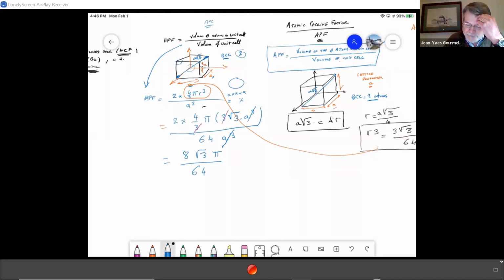All right, so 8 times 8 is 64. So it will eventually give you root 3 pi divided by 8.